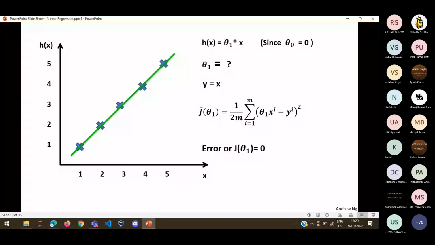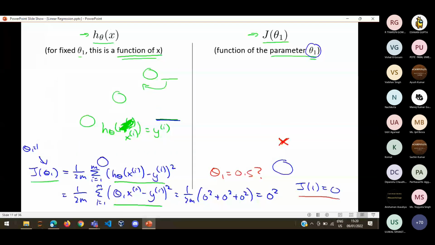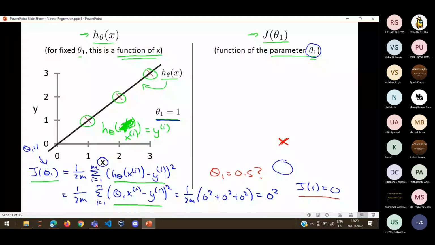Now what we want to do is learn how this theta 1 is related to this cost function. So I will be plotting a graph with some values of theta 1 and checking what value my cost function has, just to see the relation between J(theta) and theta.